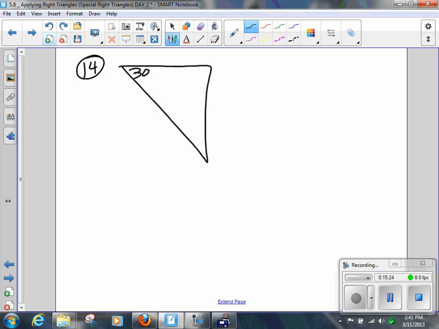30, X, Y, and 10 root 3. What are we given here? What is the side that we're given? The hypotenuse. This is a 30, 60, 90 triangle.